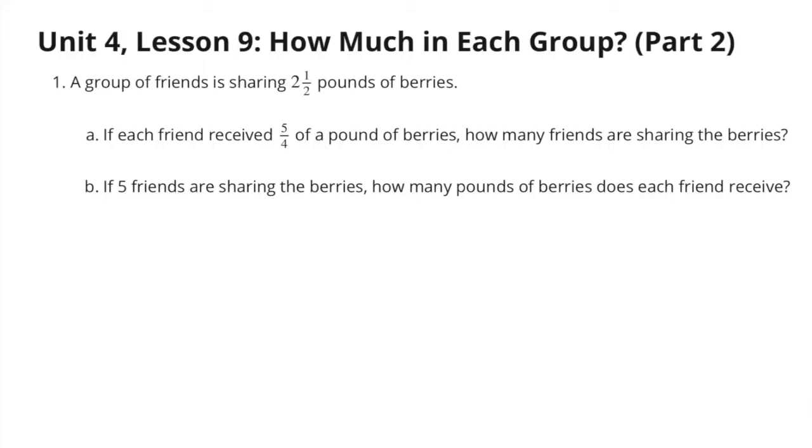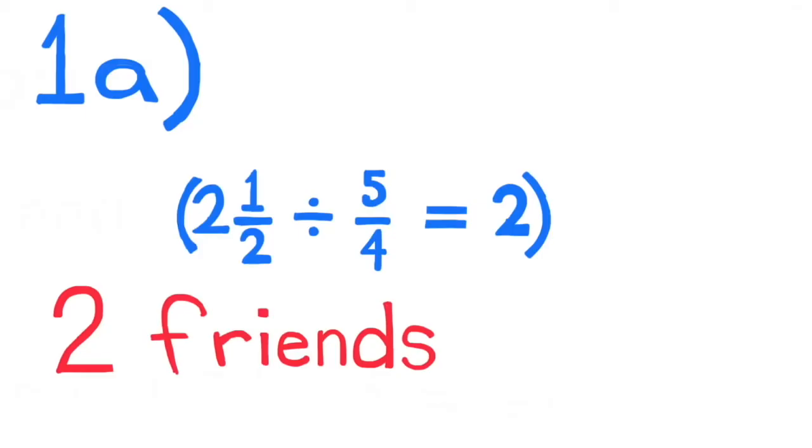Number 1. A group of friends is sharing 2.5 pounds of berries. A. If each friend received 5/4 of a pound of berries, how many friends are sharing the berries? 2 friends would be sharing the berries. 2.5 divided by 5/4 equals 2.